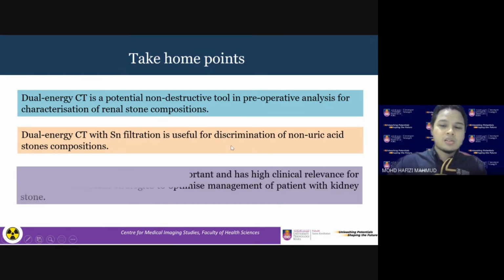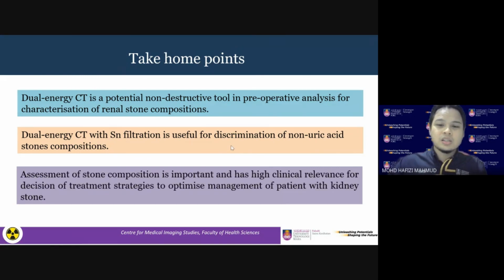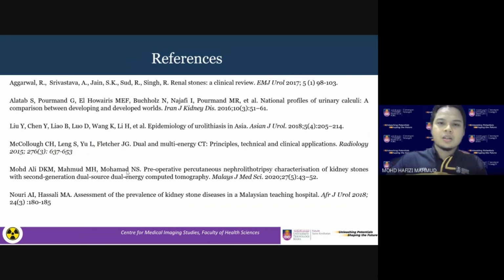Okay, and lastly, the more important point is that assessment of stone composition is important and has high clinical relevance for decision of treatment strategies to optimize the management of patients with kidney stone. Right. Okay, I think that's all. That's the reference.